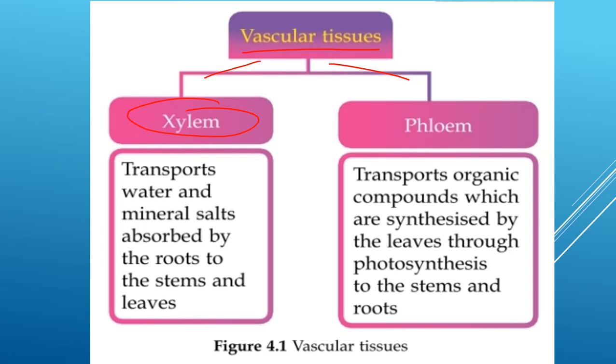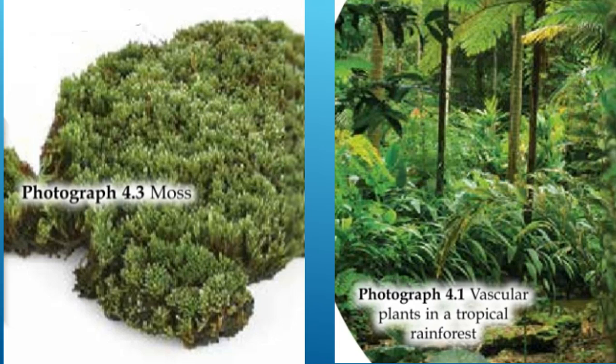Xylem transports water and mineral salt absorbed by the roots to the stem and leaves, while phloem transports the organic compounds synthesized by the leaves through photosynthesis from the leaves to the stems and also the roots.